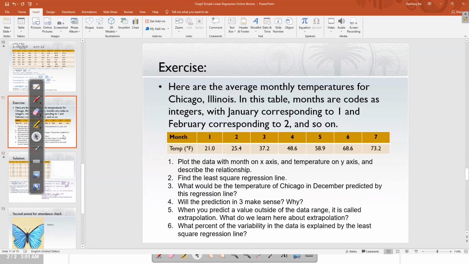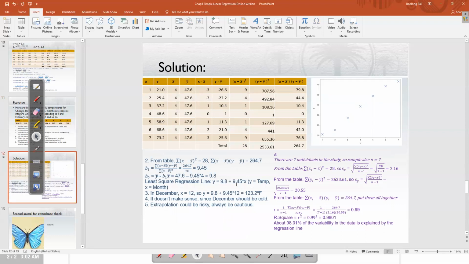So next question is, can you do some predictions then? If it is December in Chicago, what would it predict the temperature to be? And December, we know by the coding, December will be 12, right? So then for the regression equation, we find X will equal 12.